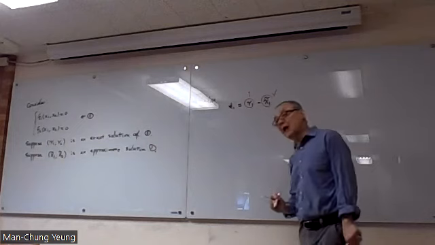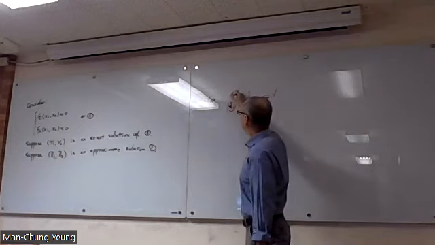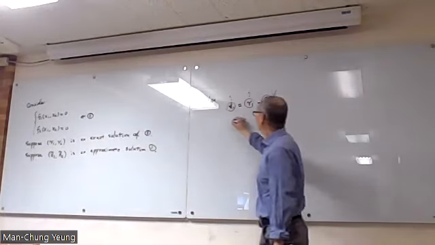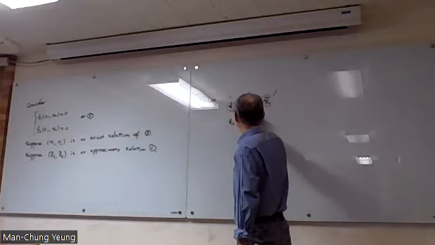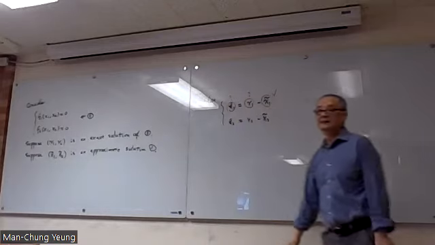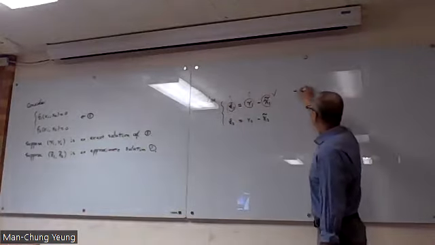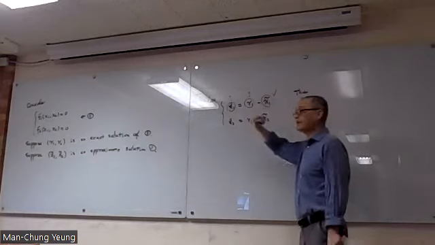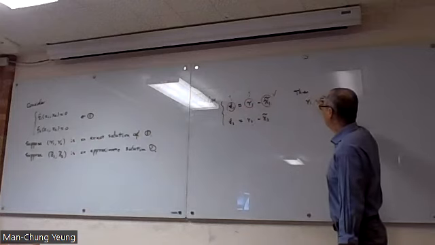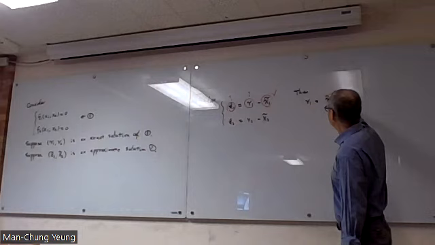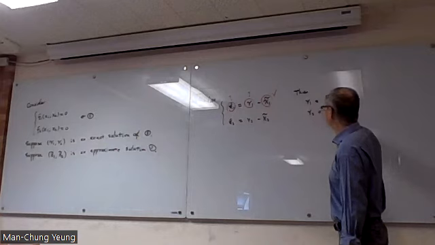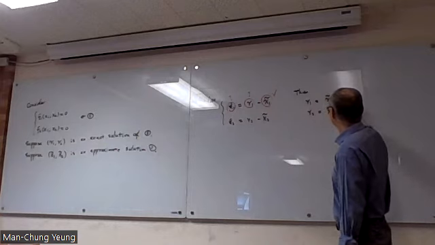So the error h we don't know. Now h2 is r2 minus x2 tilde. I move x tilde to the left-hand side. Then the root r1 is x1 tilde plus h1, and r2 is x2 tilde plus h2.